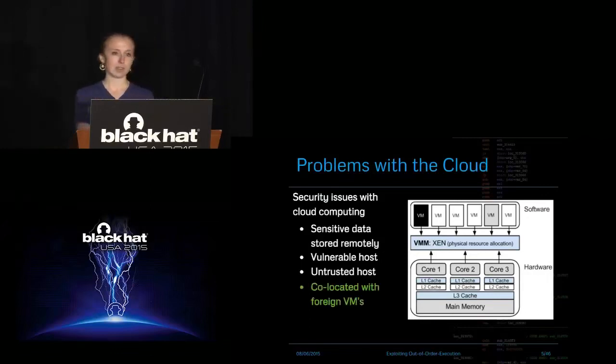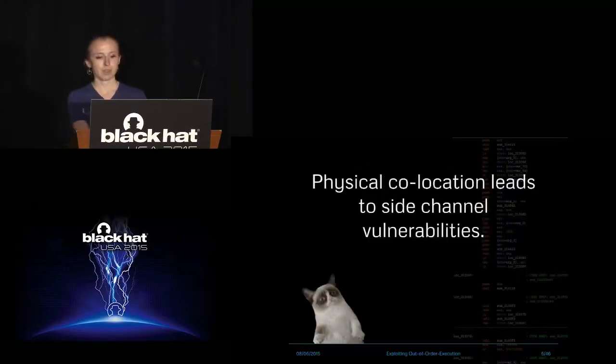But the one I'm focusing on is the fact that you are co-located on the same machine with virtual machines which you don't control, and you really have no idea of what they're doing. And that's kind of this depiction on the right. Obviously, the black VM is the malicious VM in this situation, but they're sharing that hardware, as you can see beneath. So it's this physical co-location, which I'm using to create a side channel.